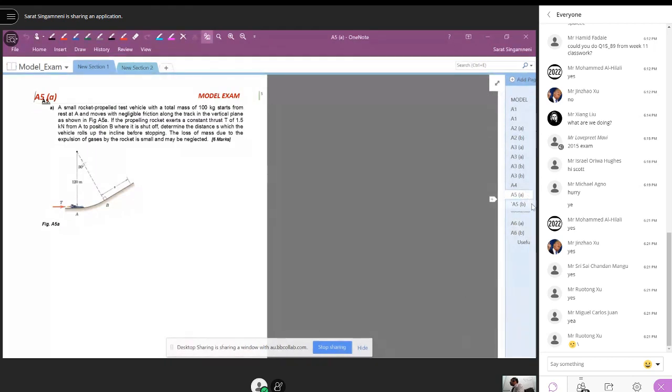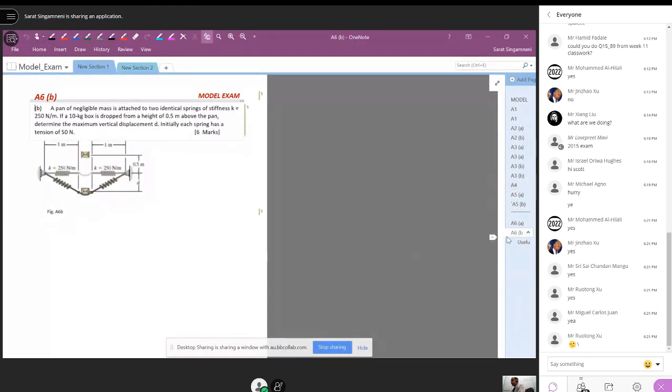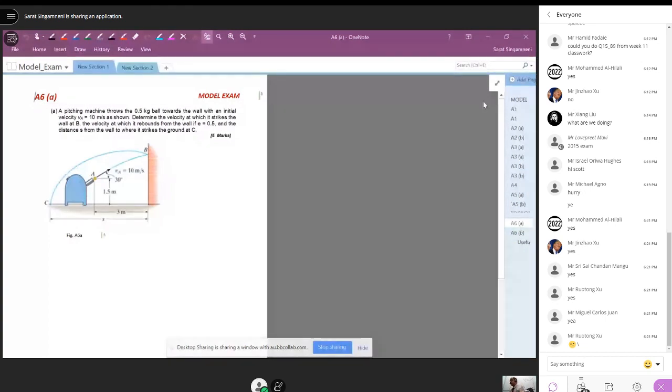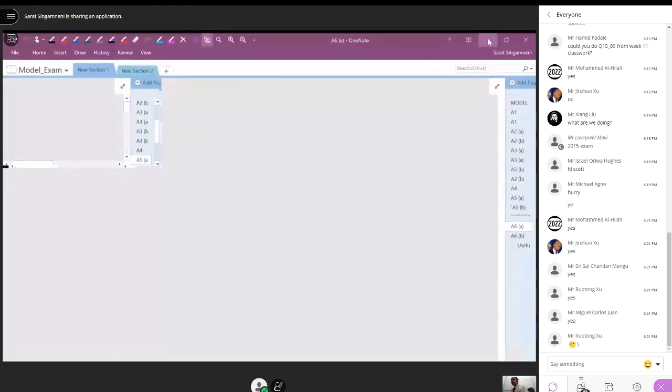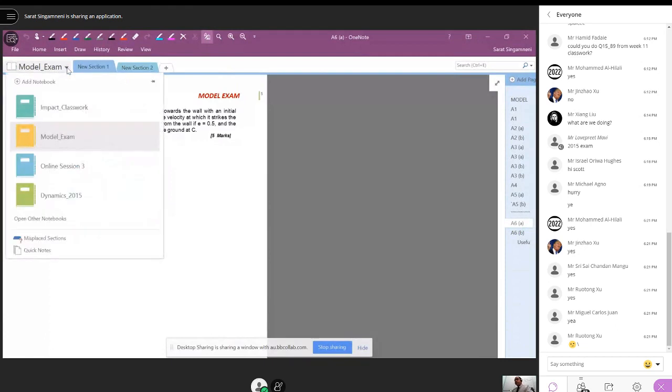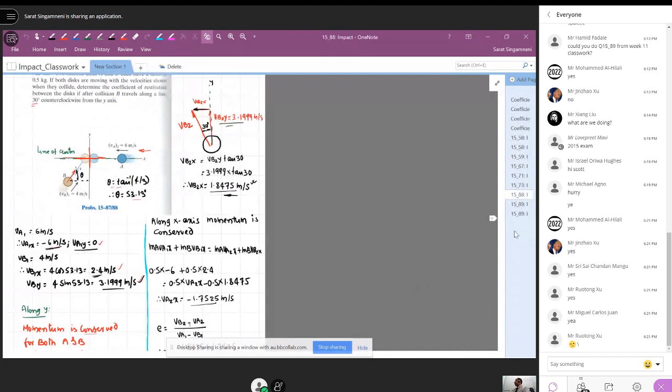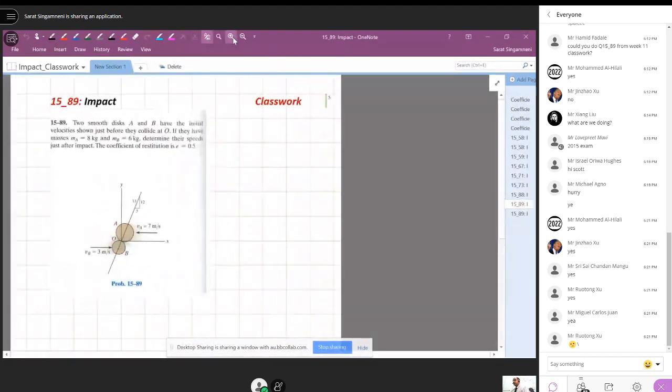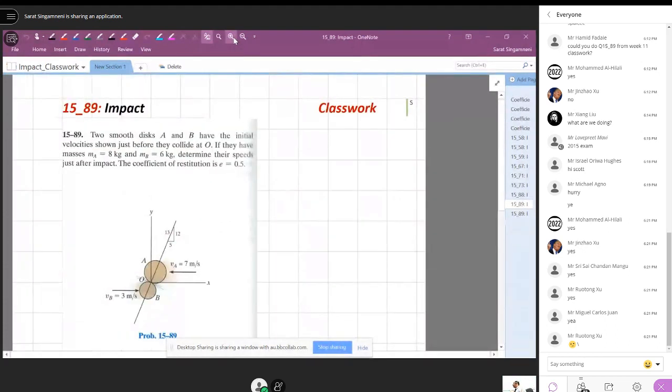Otherwise, I'm proceeding with the one problem that I gave you in the impact classwork. Look at this problem. Many students asked me how to solve this problem. I'm going to solve this step by step, and I want you to follow this carefully.